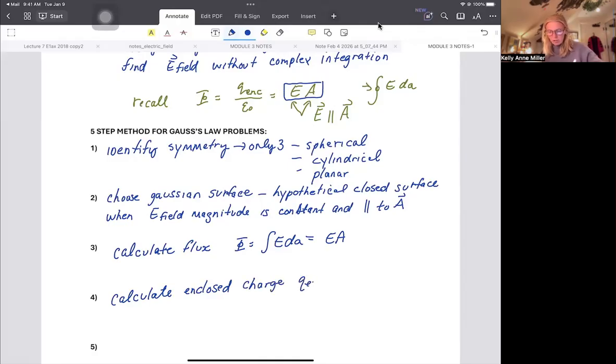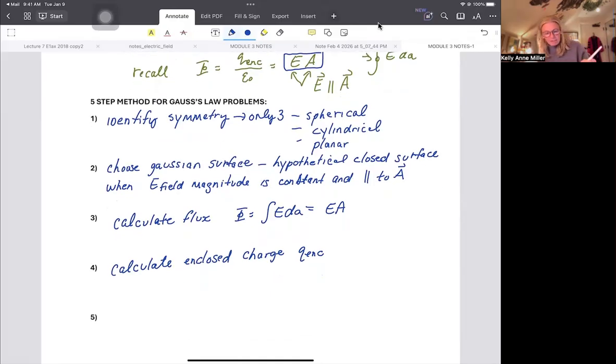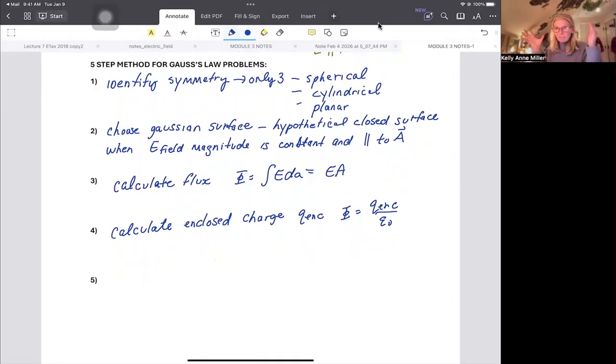Q enclosed. Basically using a similar exercise to what we did at the end of the first video. The reason I do that is because I know that flux also equals Q enclosed over epsilon naught. And then the last step is to set those two things equal to each other and solve for the electric field.